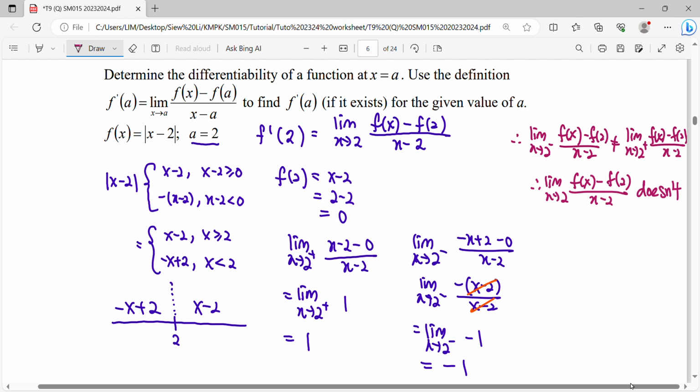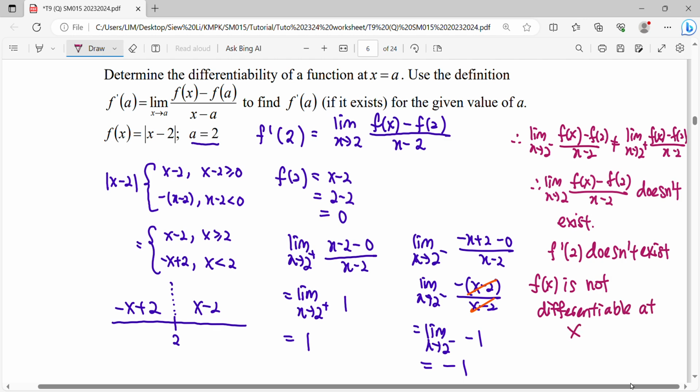Our first principle does not exist. Therefore, f prime 2 also does not exist. So this function is not differentiable at x equals 2.